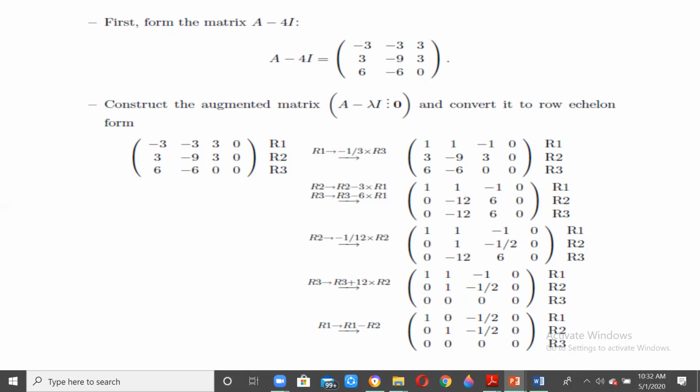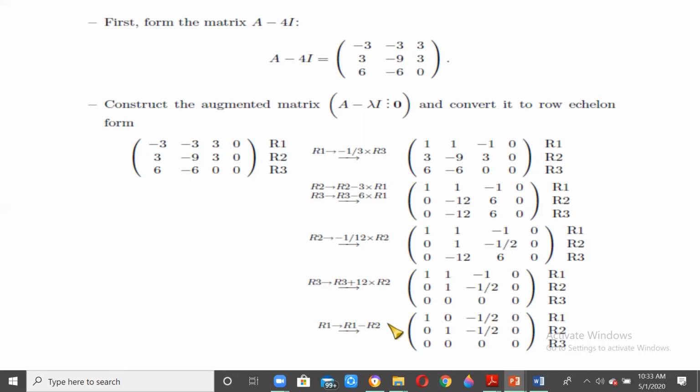For that, if you want to make this 0, then R1 minus R2 should go into R1. So 1 minus 1 will make this 0.